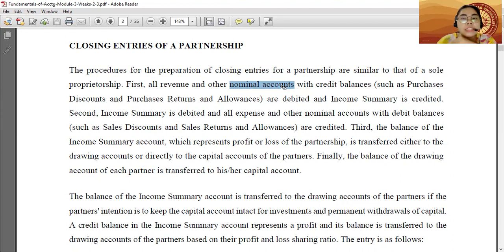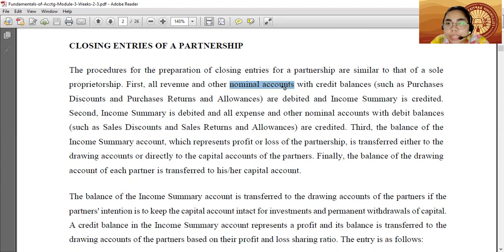So hint, class, if our income summary has a bigger credit versus the debit, that means it is in the credit. So if we close it, we debit it to make it zero, then we credit the income summary account.